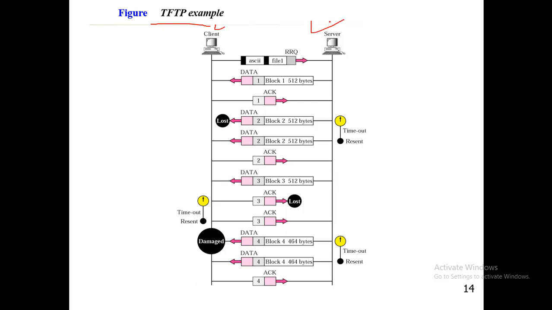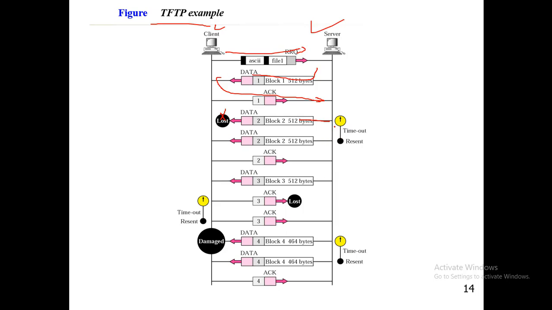In this TFTP example, you can see that this is your client, this is your server. You initiate a request and it will respond back with data. Then you send back an acknowledgement, and after the acknowledgement has been sent, some time passes, and data will be sent from the server side towards the receiver, but the data is lost, so there will be no acknowledgement.